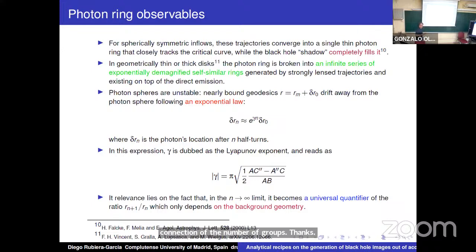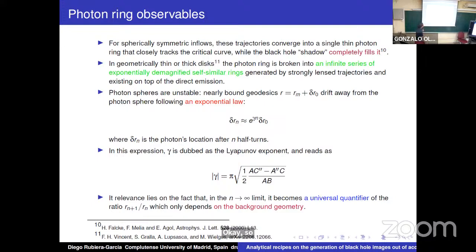This number is known in exact form for spherically symmetric geometries and takes this form. For Schwarzschild, it means pi. The value is pi. So the location after one half turn of the photon is going to be, for Schwarzschild, like exponential of pi, which is something like 22. So after half a turn, the photon is already very far away from the original location.